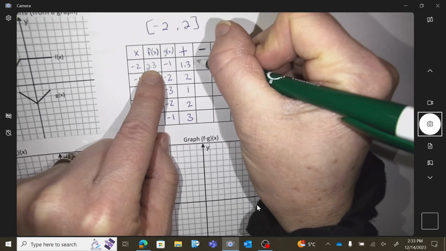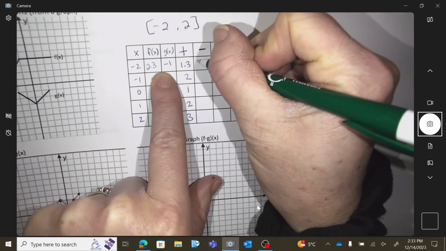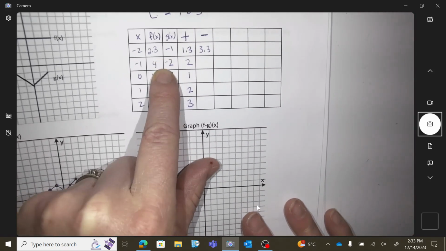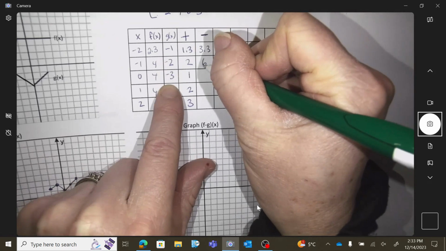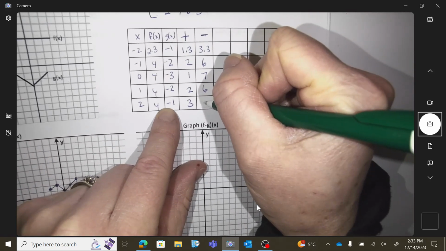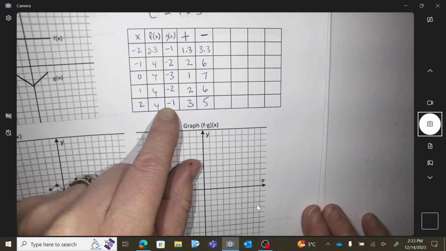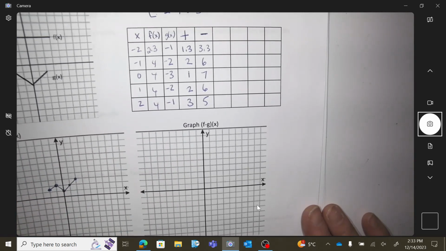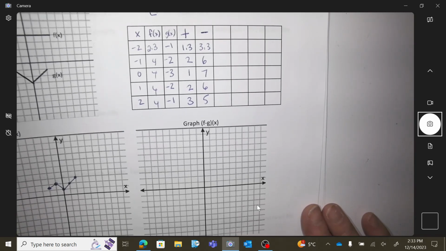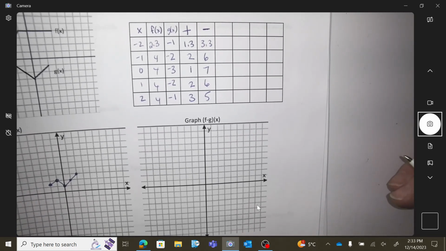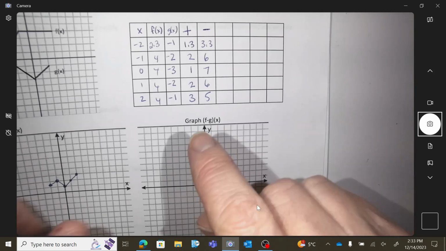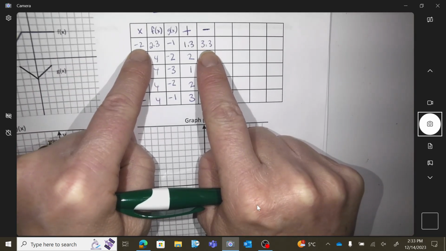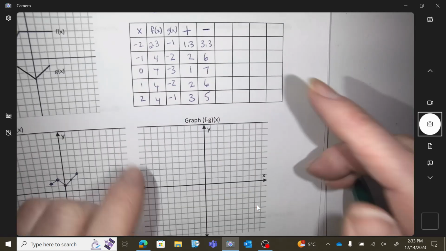So what do you get here? 3.3? 6? Right? Subtracting, so then you're subtracting a negative number. Okay, so when you graph it, what are you doing? My first coordinate is -2, 3.3.